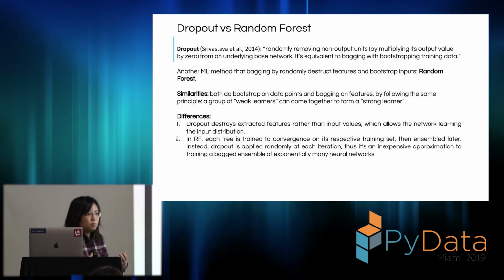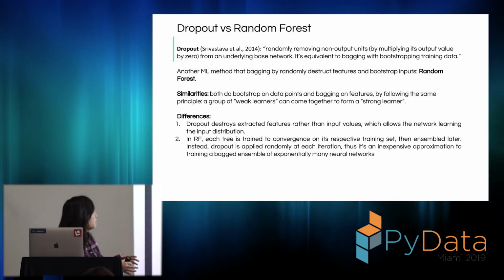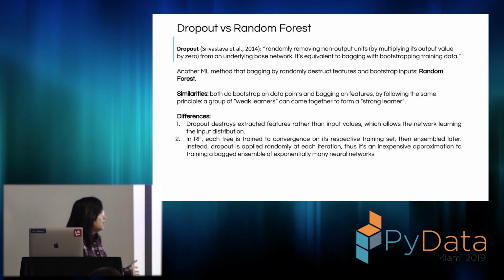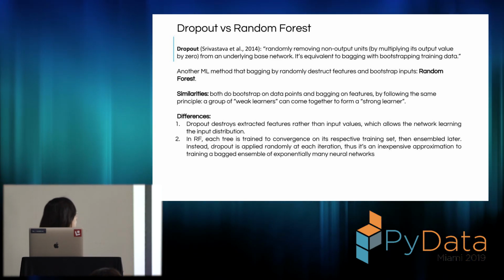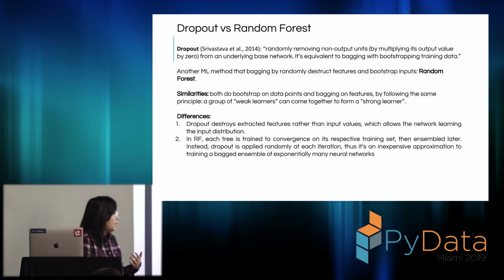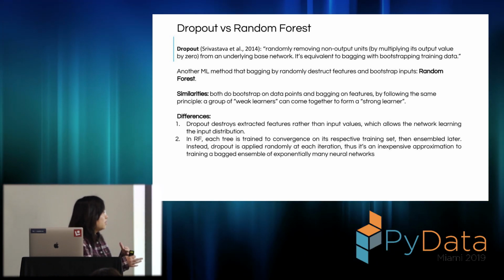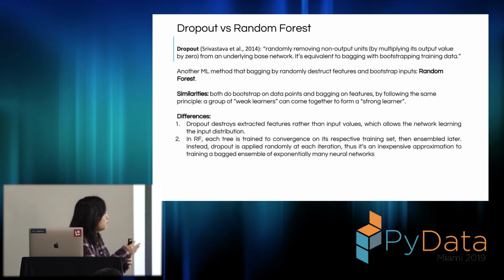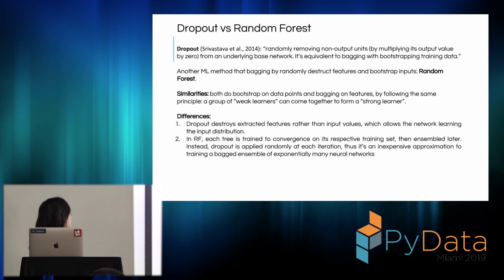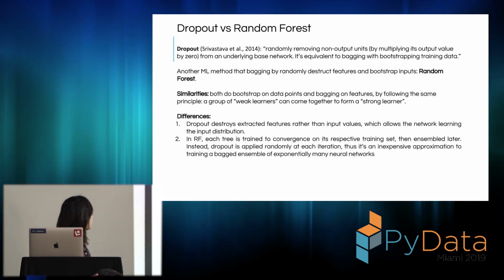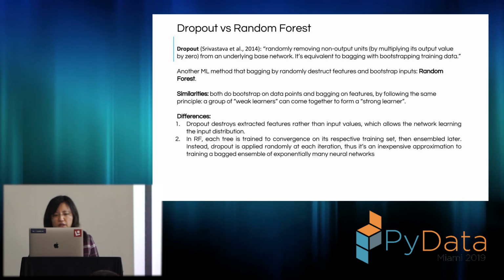It randomly samples input data, trains each model, makes them converge, and then ensembles them at the last step. But dropout is doing this masking at random at each iteration. So everything is done in the same network in the whole training process. So it's a kind of approximation to doing exponentially many neural networks. So it's a relatively clever method to use.